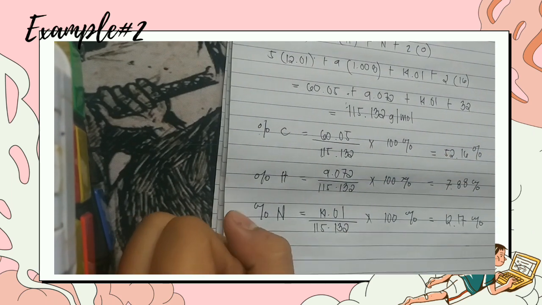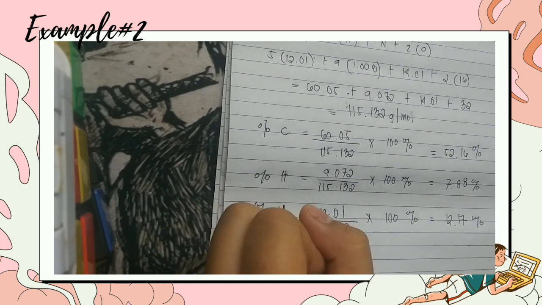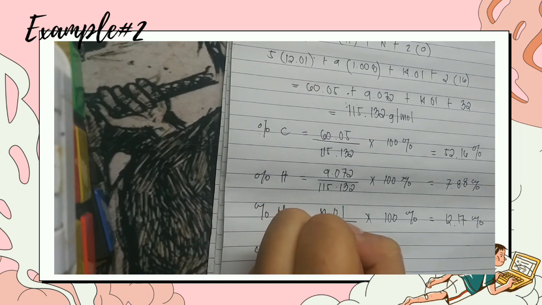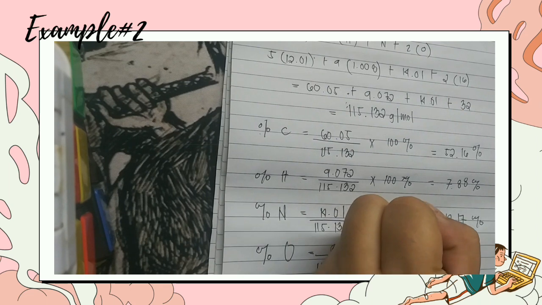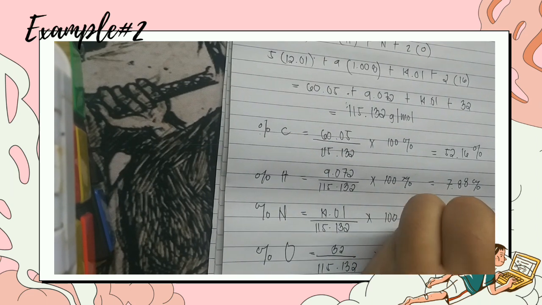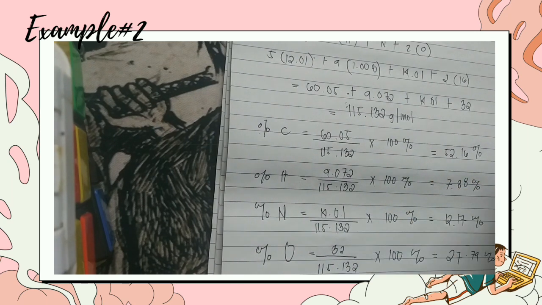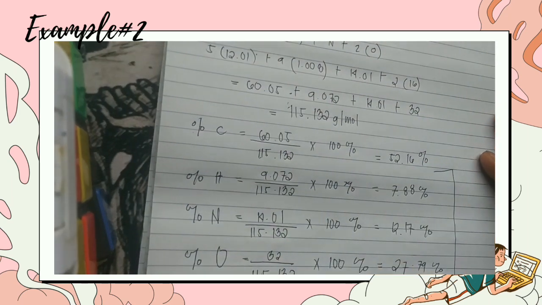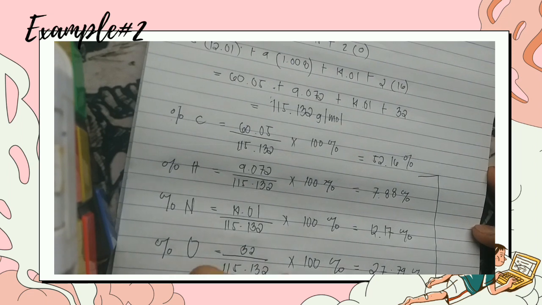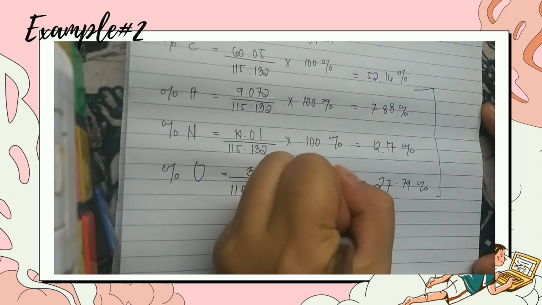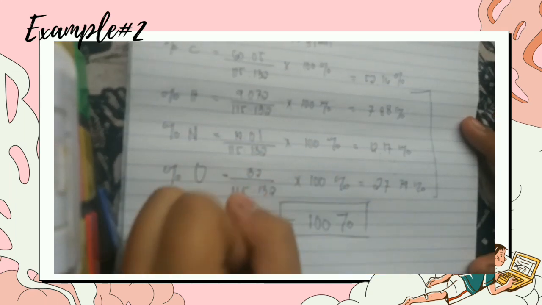And for the last one, it will be percent oxygen equals 32 over 115.132 times 100%, which equals 27.79%. And if we total it, we will get 100%. So that means it's correct.